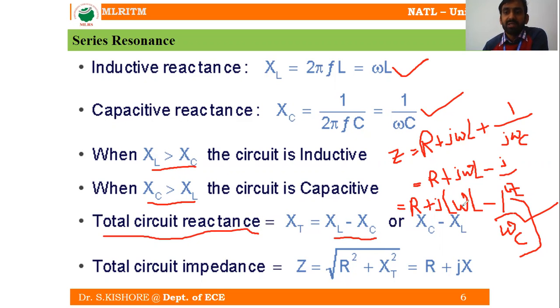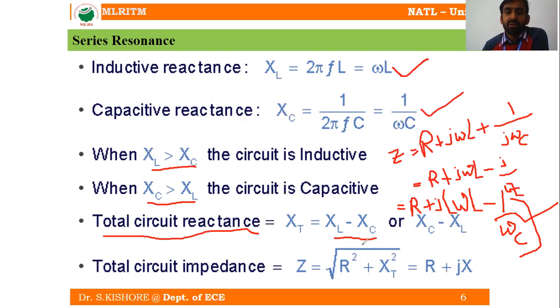The reactance offered by the inductance is j omega L, and the other one is j by omega C. If we consider only the magnitude, then omega L minus 1 by omega C is going to be our total circuit reactance. So resistance plus reactance is your impedance of an AC circuit.